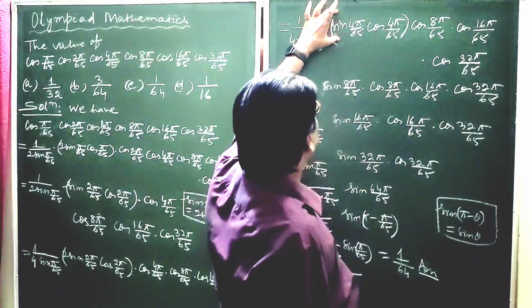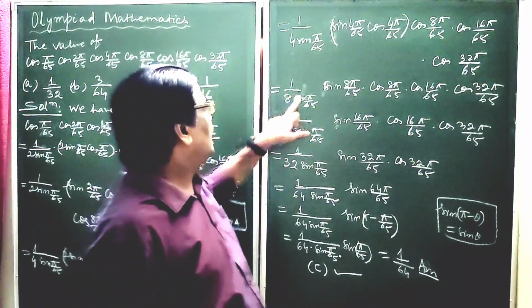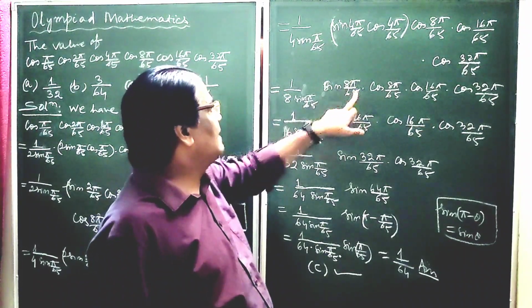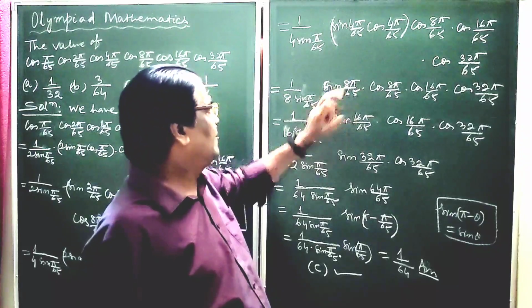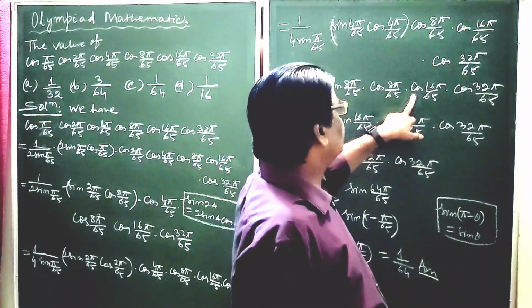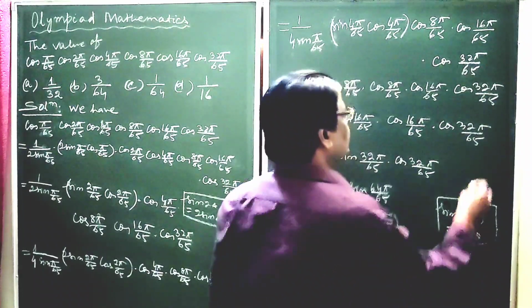Now multiplying and dividing by 2, we get 1 by 8 sin pi by 65, and this becomes after multiplication sin 8 pi by 65. Now cos 8 pi by 65, cos 16 pi by 65, cos 32 pi by 65.